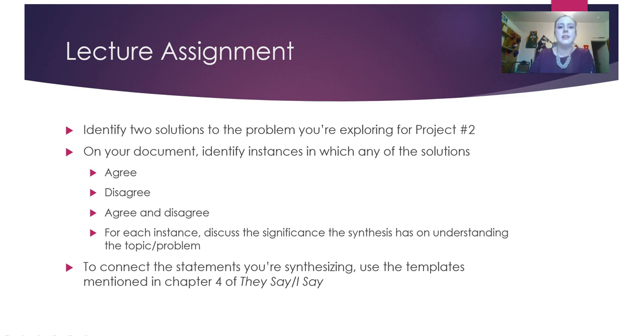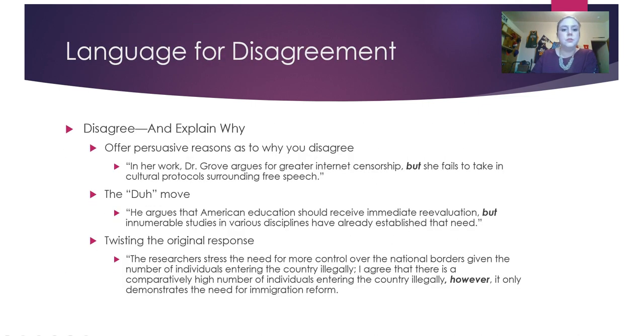So let's look at it this way. Let's go back to this example. In her work, Dr. Grove argues for greater internet censorship, but she fails to take in cultural protocols surrounding free speech. So that is us clearly expressing disagreement, why the disagreement exists, and how. But we also want to go a little further to say, okay, well, why does this matter?